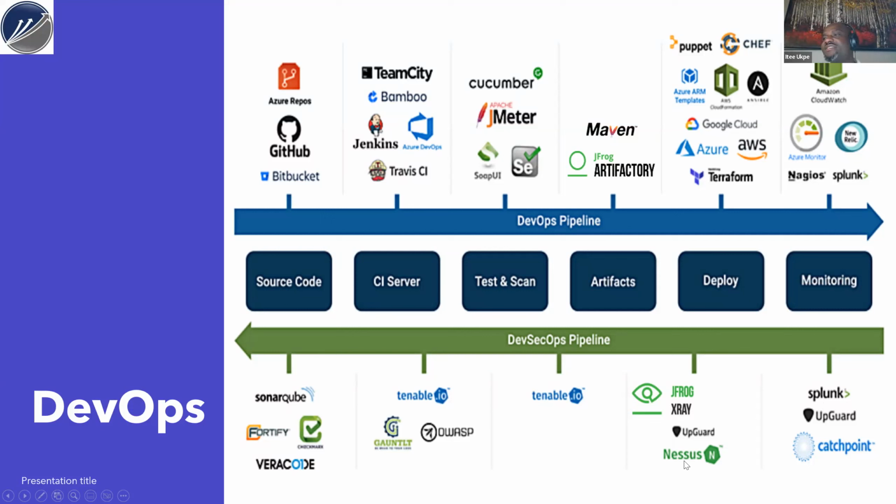This should be Nexus, not Nessus. It's called Nexus with an X. So these are some of the tools that you use in DevOps to accomplish what you need to accomplish, right? Okay. And I'm going to demonstrate some for you today to take a look at and how we actually use them.